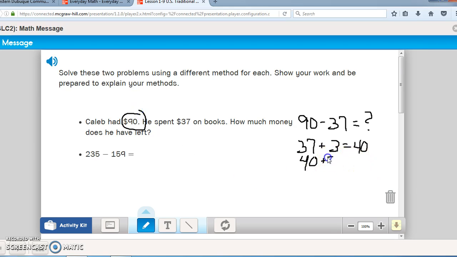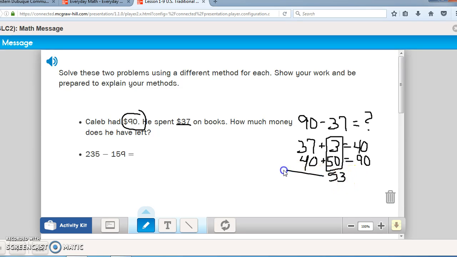Well, you would add 50. 40 plus 50 would give me that 90. So what did I have to add to 37 to get 90? This column right here. So 3 plus 0 is 3. 5 plus nothing is 5. So my answer is 53.